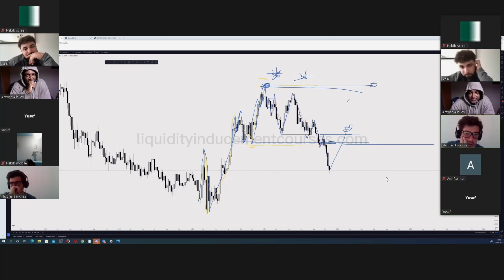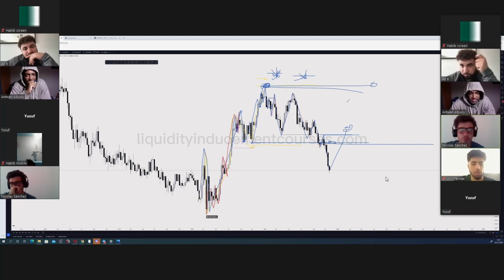For example, here you have the swing, right? Yeah, I'm with you. And this will be the substructure, like that will be the substructure from that leg.